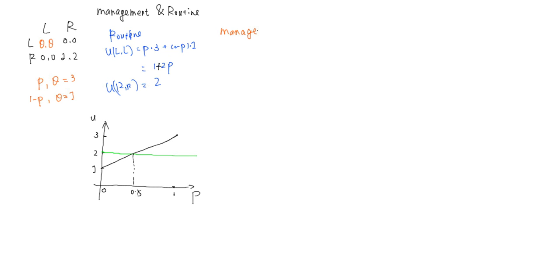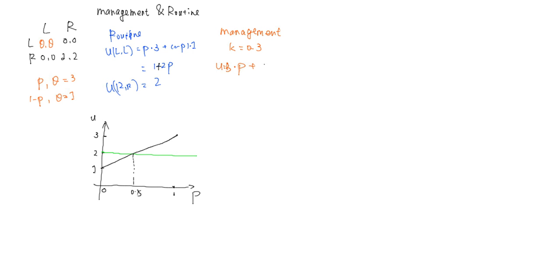The management says, okay, pay me a fee of k. Now let's say k equals 0.3. I will let you know whether you are in high or in low. If theta turns out to be 3, I will tell you it turns out to be 3, so you coordinate on L. So my utility is still 3 times p.